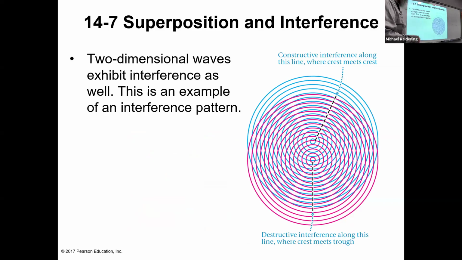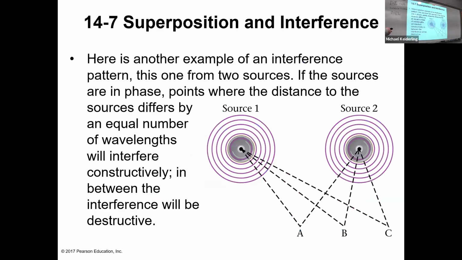Here's an example of an interference pattern. And here we have waves from two sources combining, and in some places you'll have constructive interference, in some places you'll have destructive. I can show you an example of waves from many sources combining and creating constructive and destructive interference.